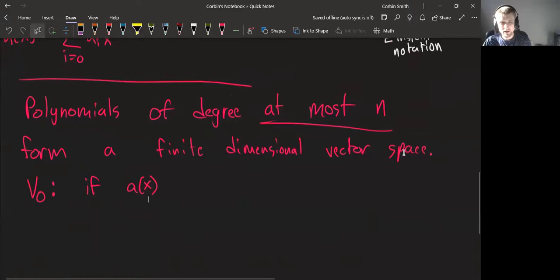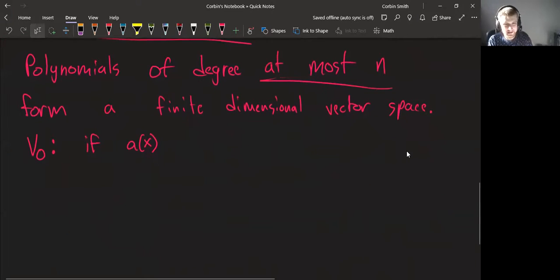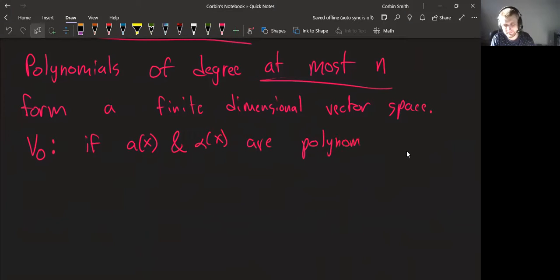Okay. Well, if a of x and alpha of x are polynomials, so is a of x plus alpha of x. All right, very simple property. We're talking about them just for polynomials, but normally they replace that with vectors when they write the axioms of vectors.